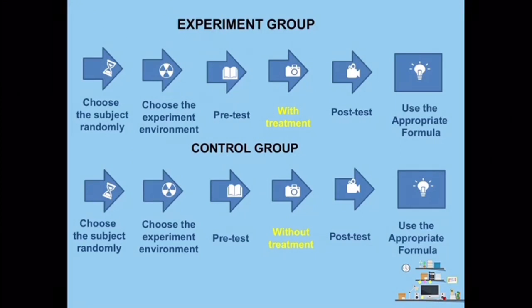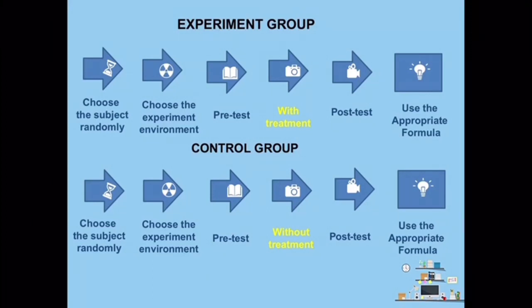The first step, the experiment group and control group have the same step. Then the researchers select random participants. After that, the researchers give a pretest to the experiment group and control group.